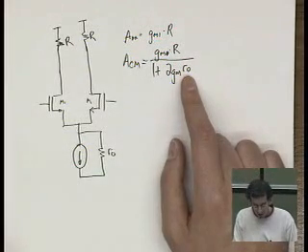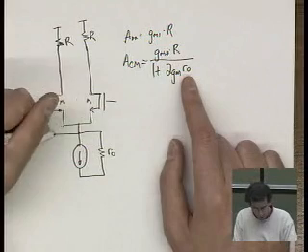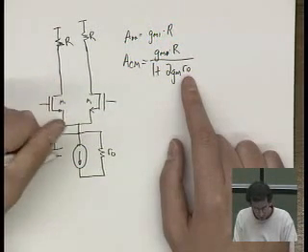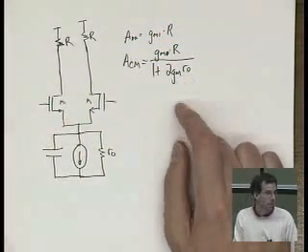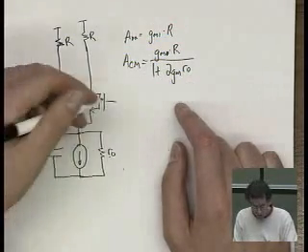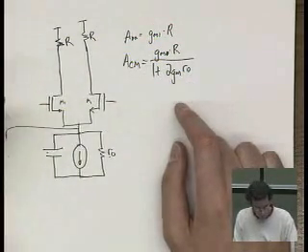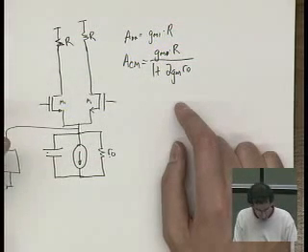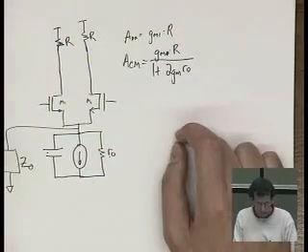Okay? Now, well, what if all of a sudden you have a big capacitance hanging off your source node? Okay? You've got this big capacitance. We can replace this R0 with an equivalent Z0, okay?